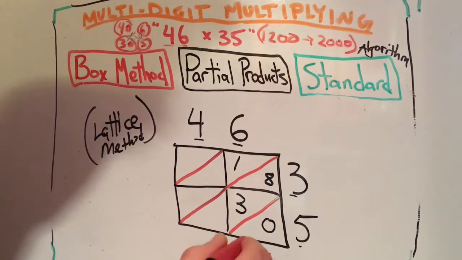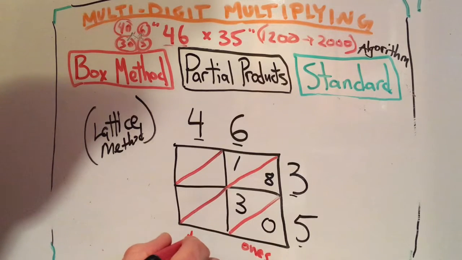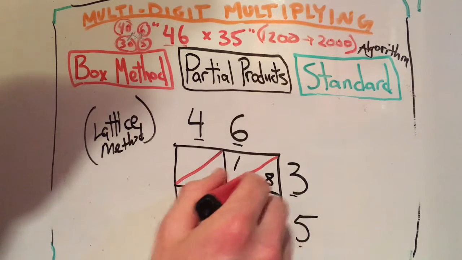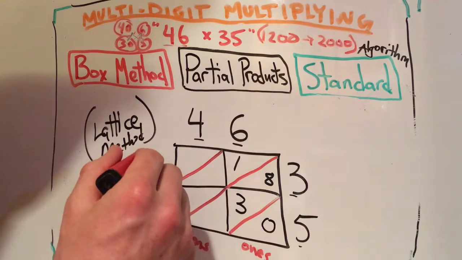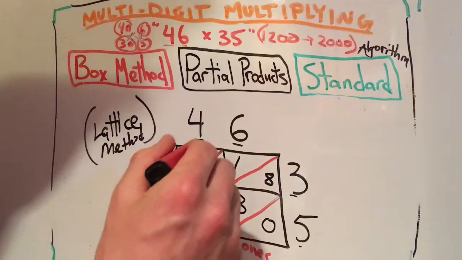These are the ones right here, the tens going right here, the hundreds going here, and the thousands right here.